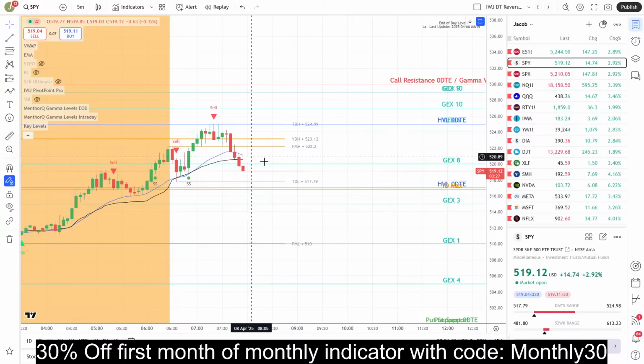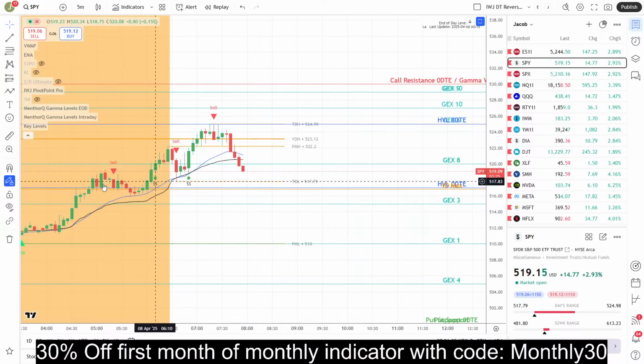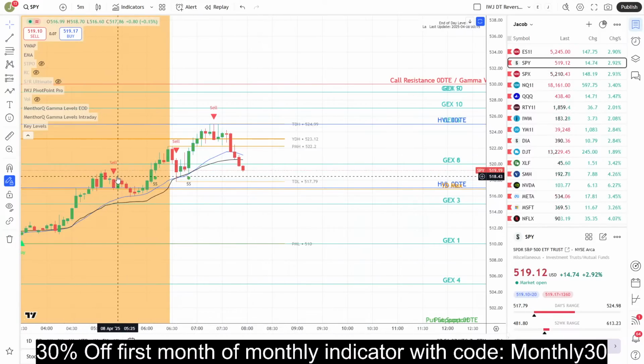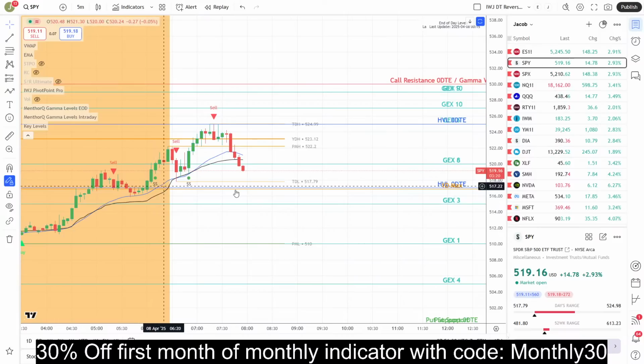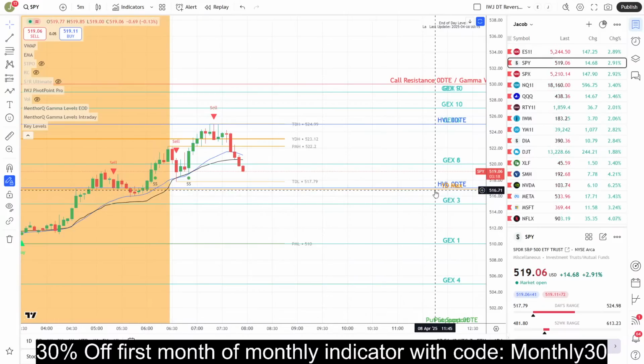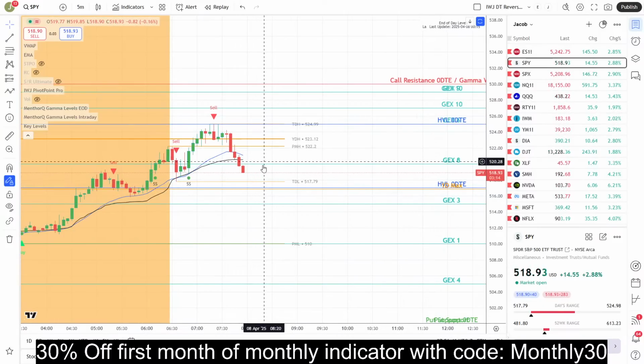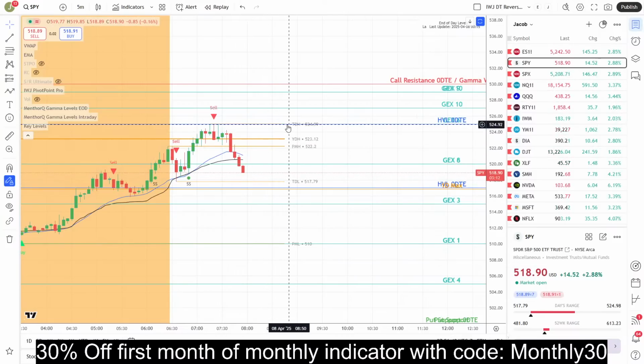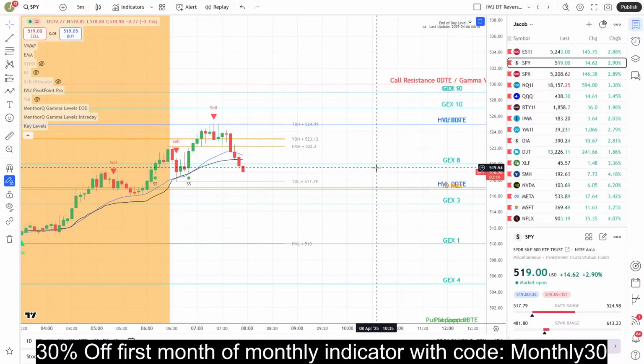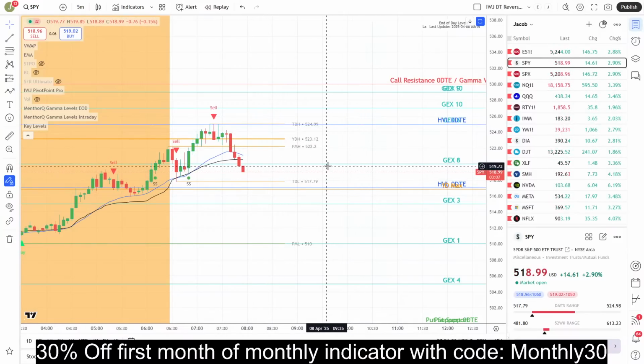The next major area to hold, which they fought in the pre-market and held and then pushed above, is this 517 area. If they can sell down there and bounce, we may get a buy signal and run it back up and continue the trend. A little midday dip, but we'll see what we get here.